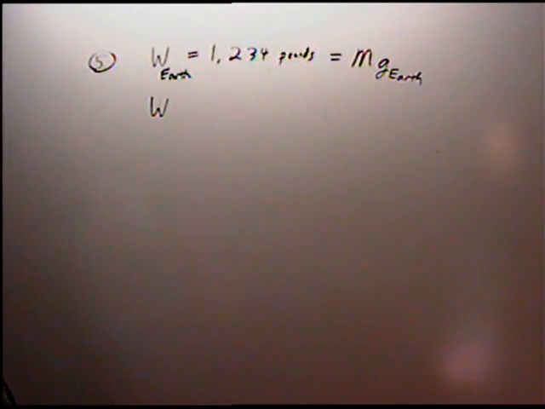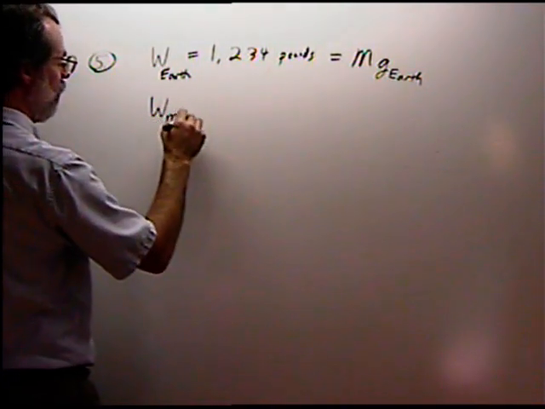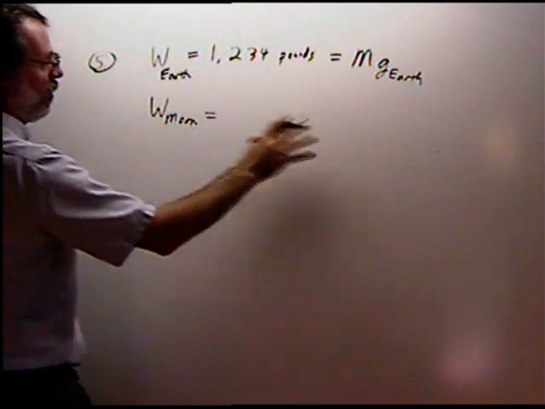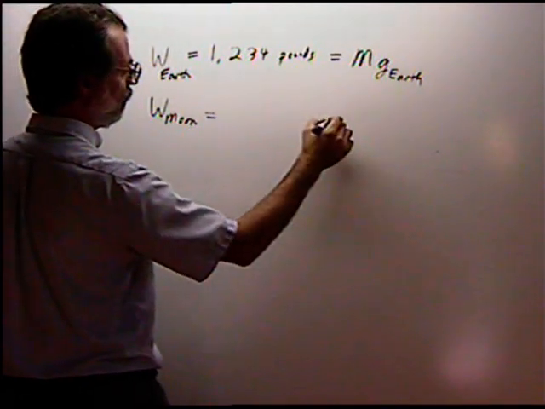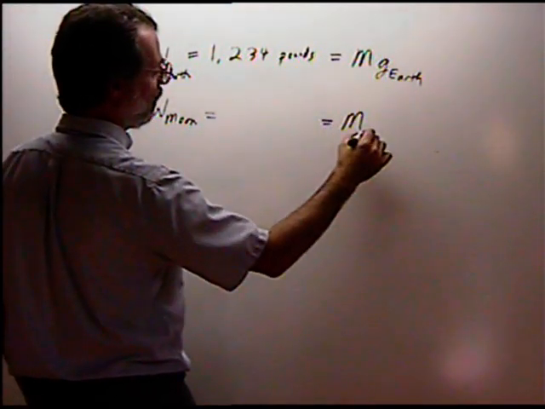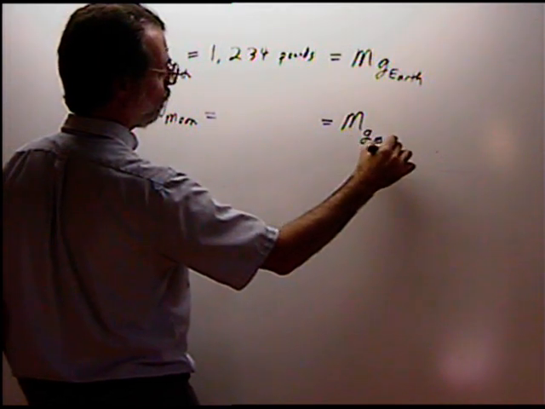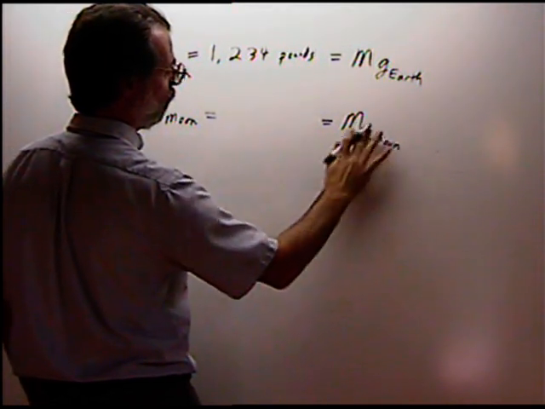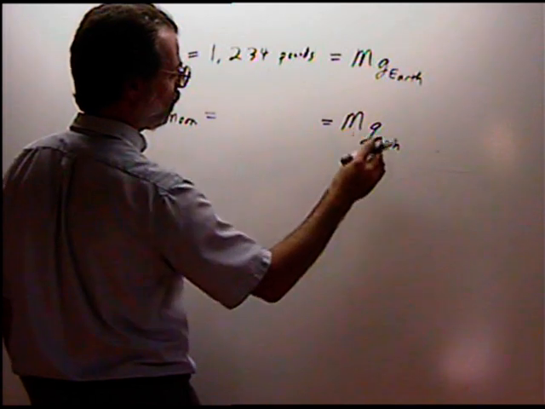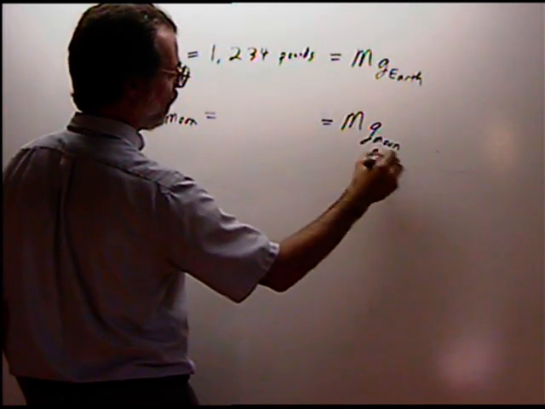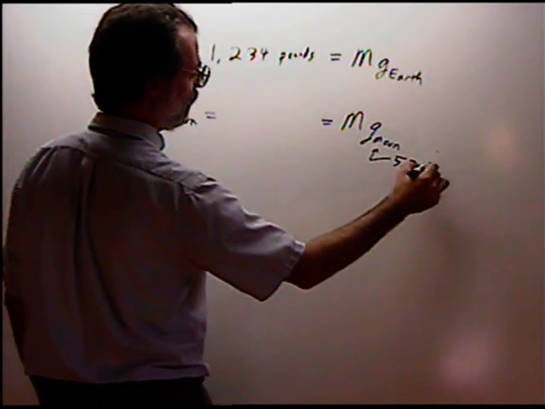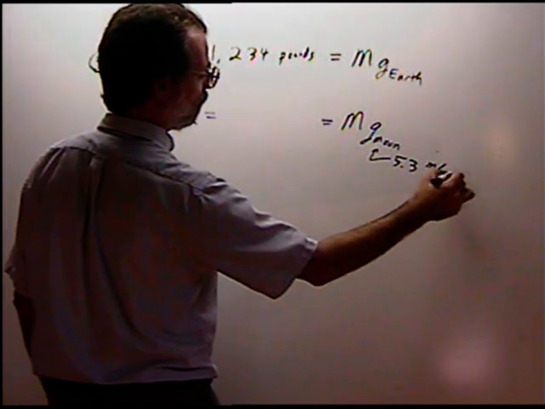Now, what is the weight on the moon? Whatever it is, it's equal to the same mass times the gravity of the moon. The gravity of the moon is 5.3 meters per second squared.